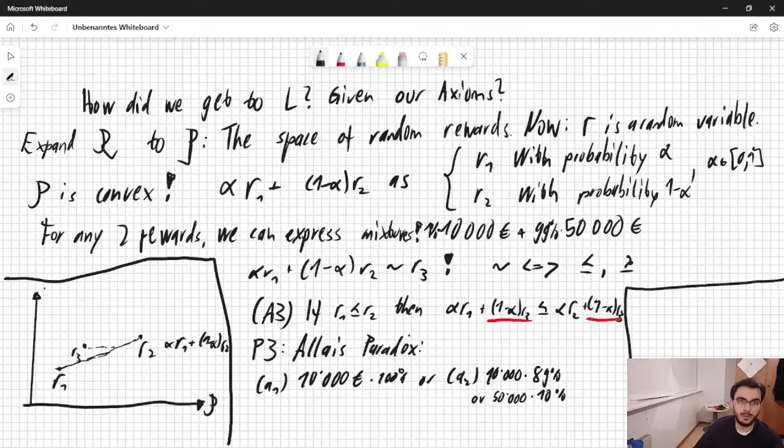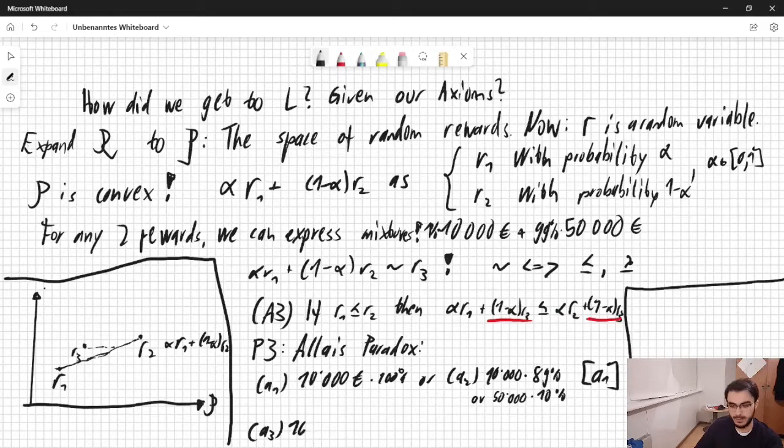Okay, most people in this situation, so first of all, think about what you would take. Most people in this situation choose A1 over A2. Doesn't mean that it's right, but that's what most people choose. Now we have another question.